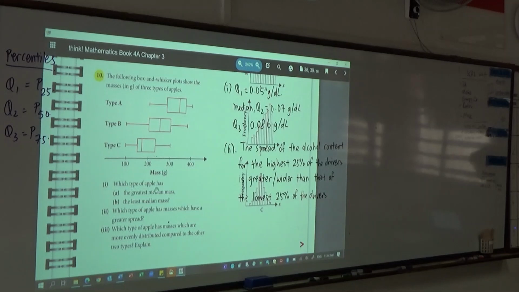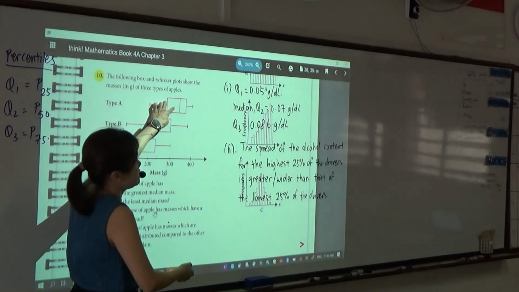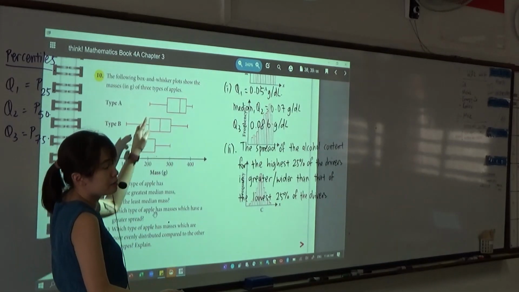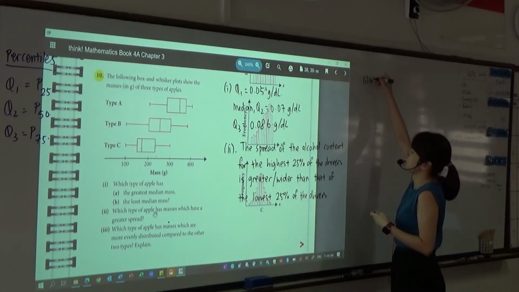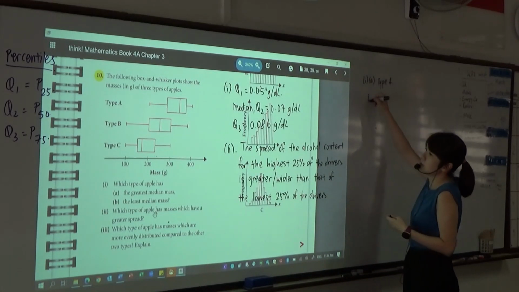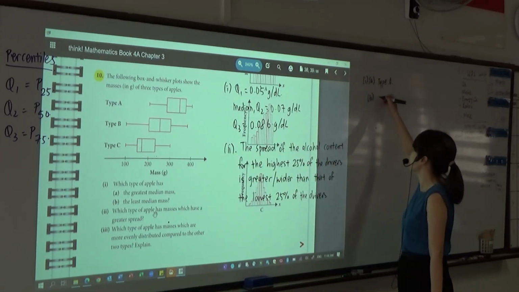Okay, which type of apple has a greatest median mass? Okay, so just from the box and whisker plot itself, which one do you think has the greatest median mass? Chloe, type A, right? Okay, so we can clearly see that type A is the one with the greatest median mass just by comparing the middle line of the boxes. This one is higher. Okay, so for part A, type A. Then in part B, okay, we want the least median mass, and naturally we see that it will be type C.